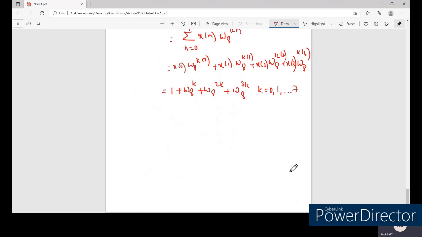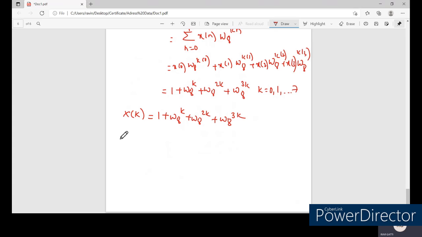So when you substitute, X of k is equal to 1 plus omega 8 to the power of k plus omega 8 to the power of 2k plus omega 8 to the power of 3k.